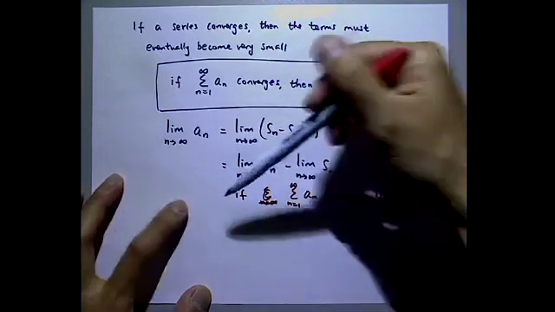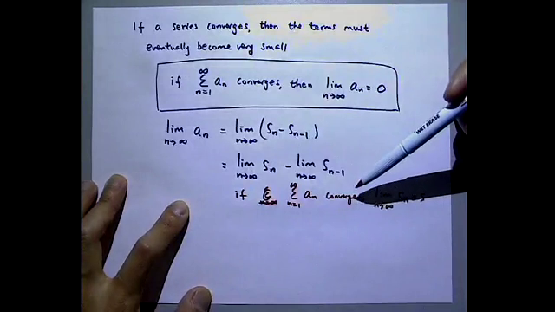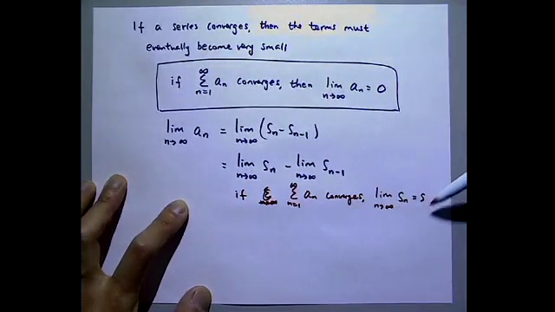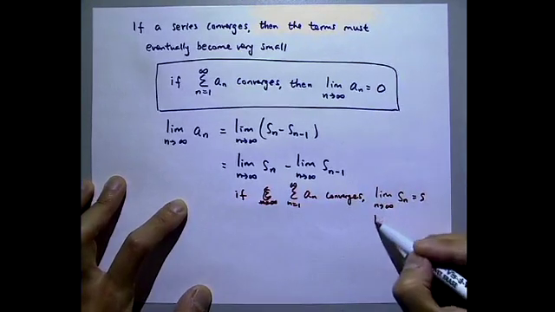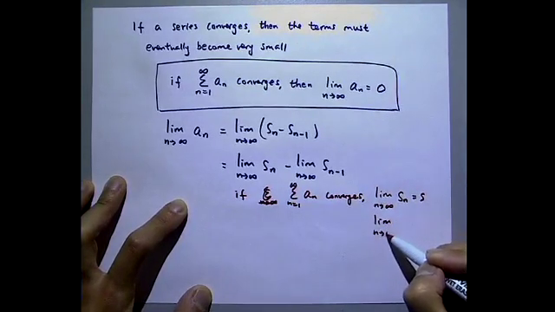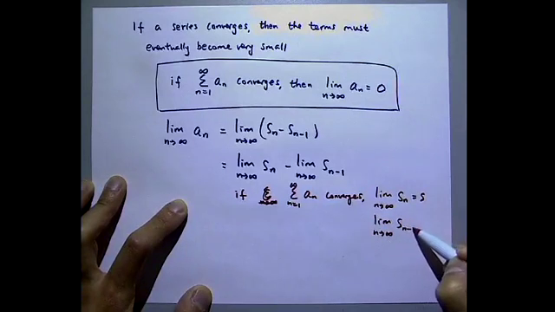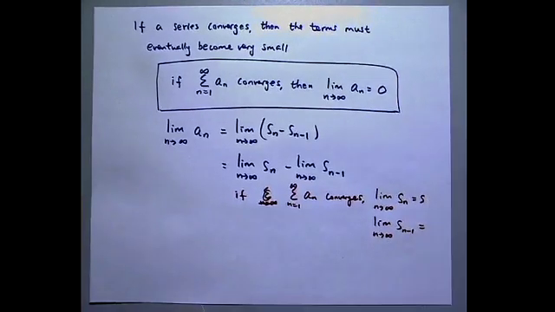And now we know if the series converges, then the partial sum will eventually settle down to some finite number. What about the previous partial sum then? If the partial sum eventually goes to s, what about the previous one?